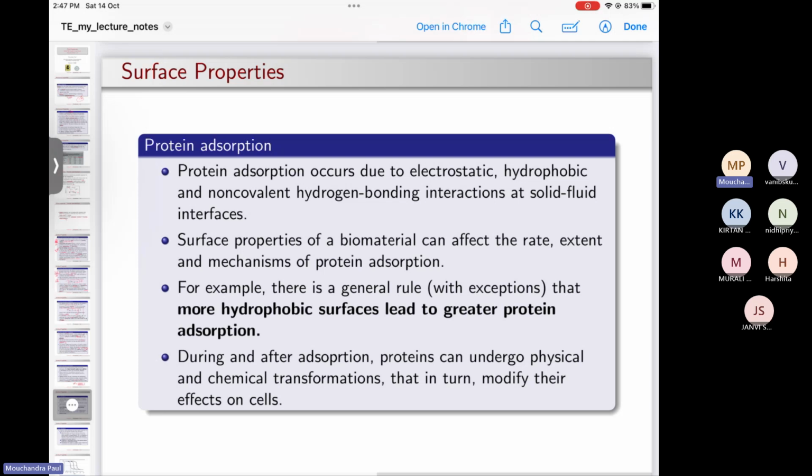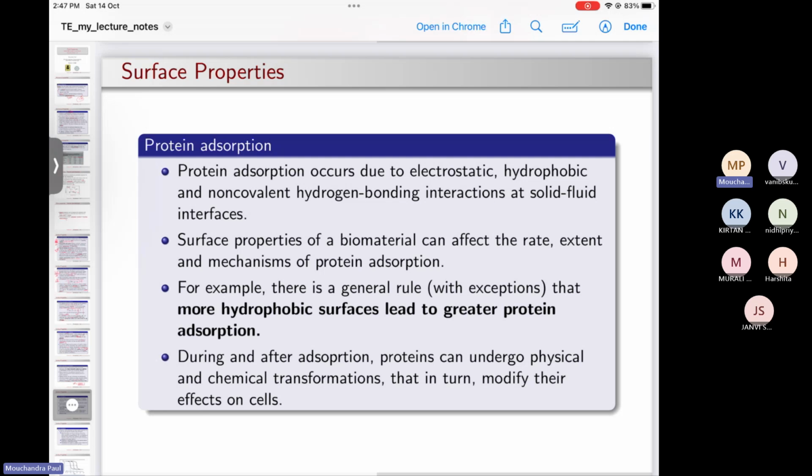But if the surface is highly hydrophilic, hmm, as stated: if the surface is highly hydrophobic, then also cell adhesion won't happen. So these 3 points you need to keep in mind, because now we will see how protein adsorption is going to change these 3 points.